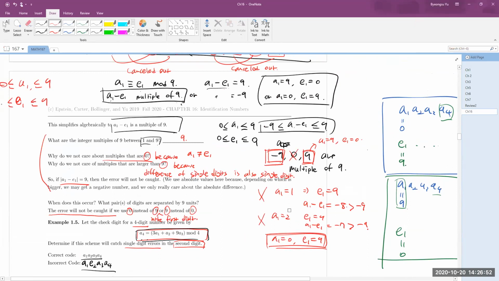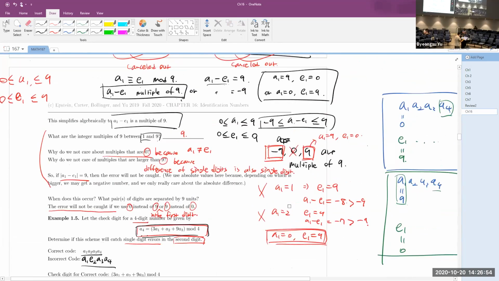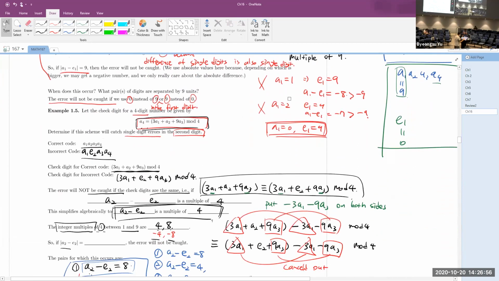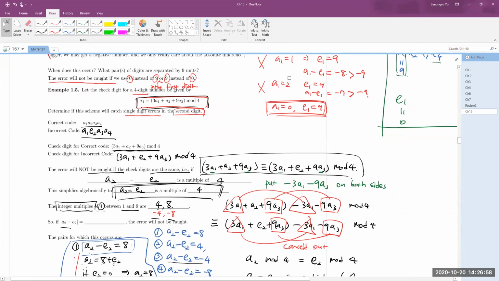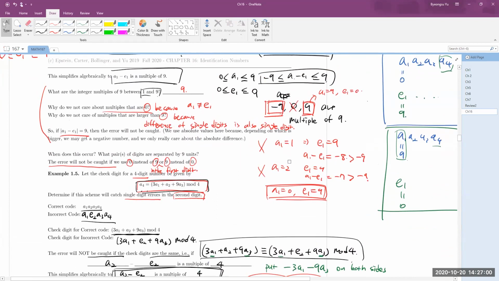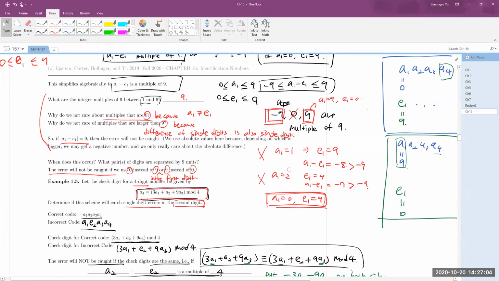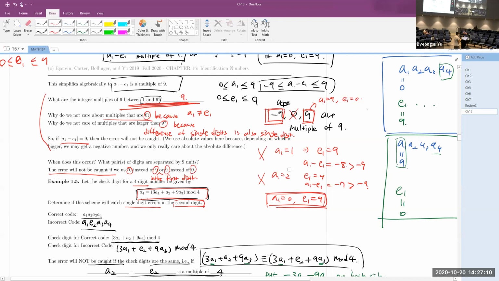Okay, so is that just a typo? Where do you see it? If you scroll up a little bit, see where you wrote 9 in the blank? That statement says, what are the integer multiples of 9 between 1 and 9? Is that supposed to be 0 and 9? So this is not a typo, but it is about when A1 minus E1 is a multiple of 9.